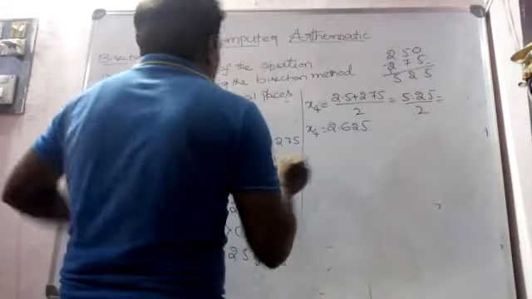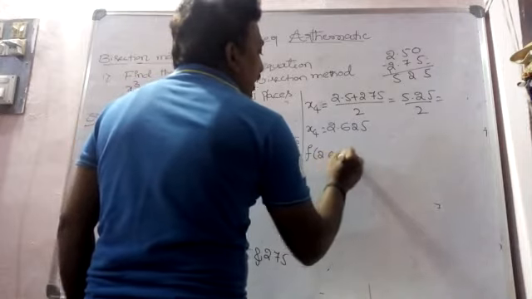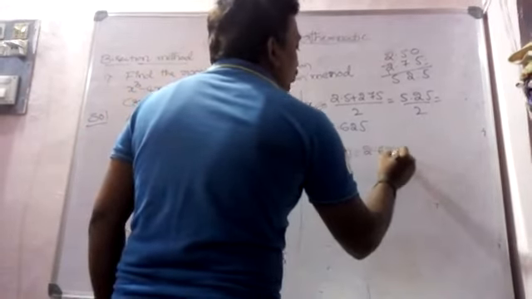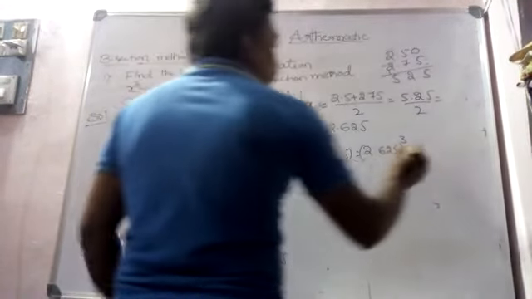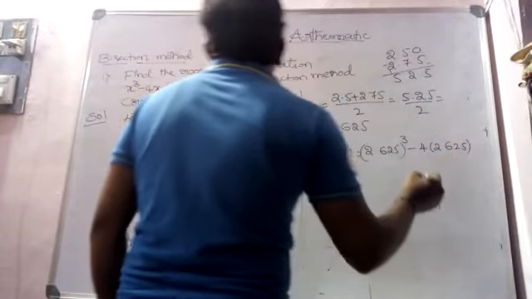Now you substitute in this place f of 2.625 equals 2.625 whole cube minus 4 into 2.625 minus 9.